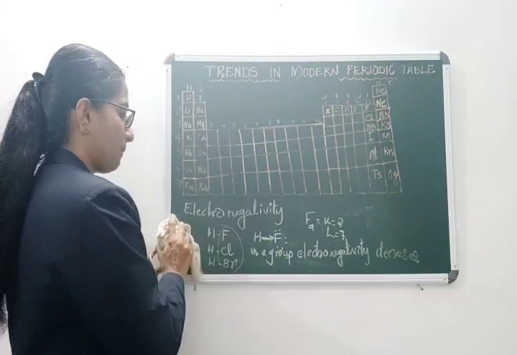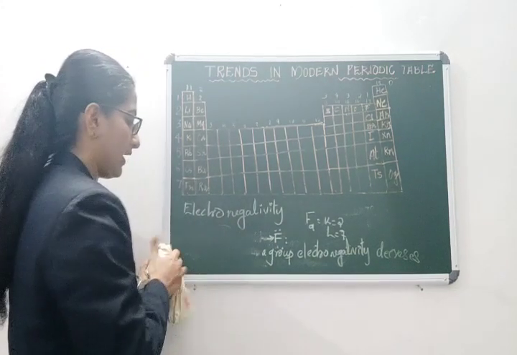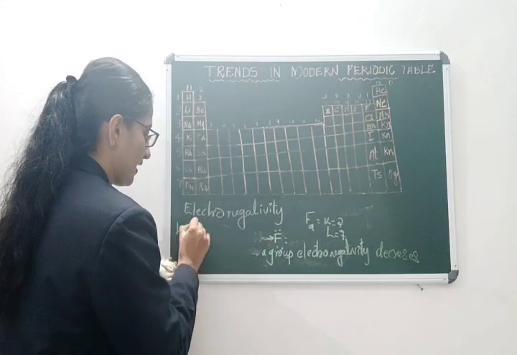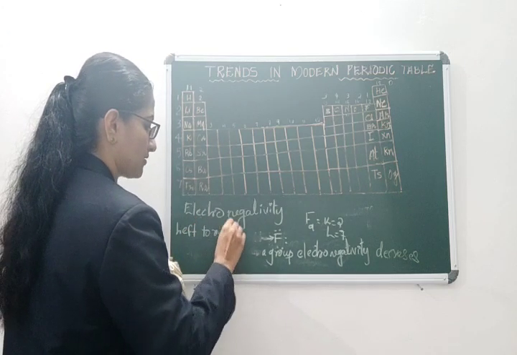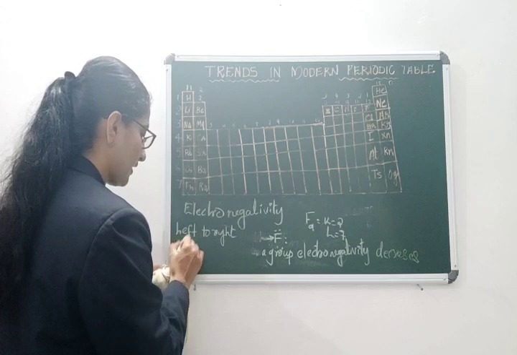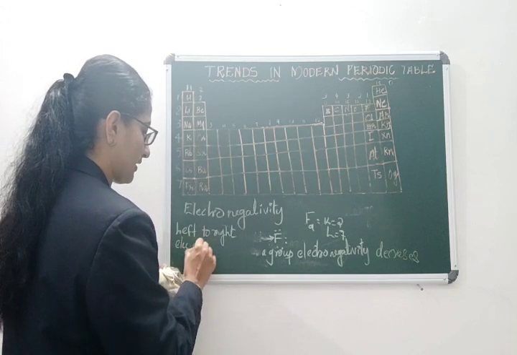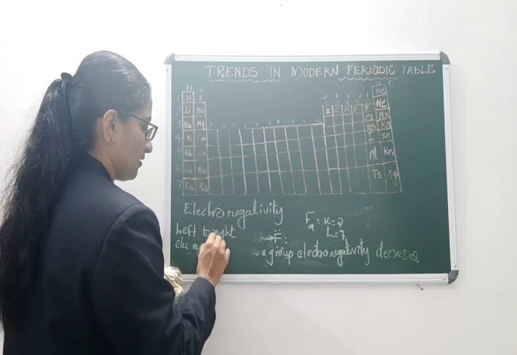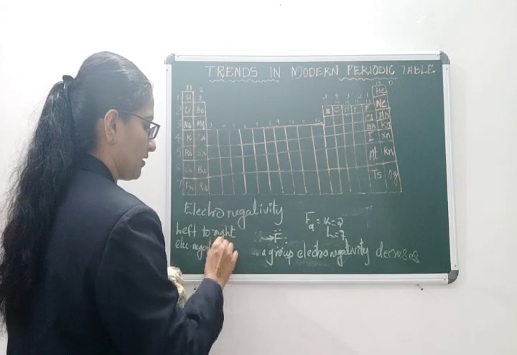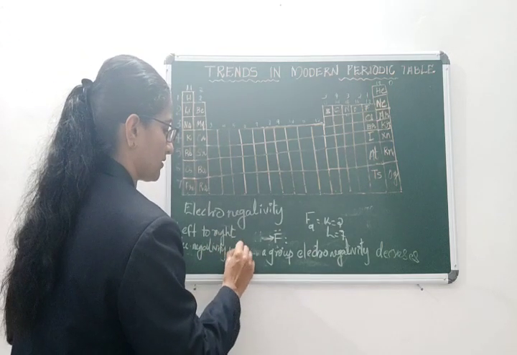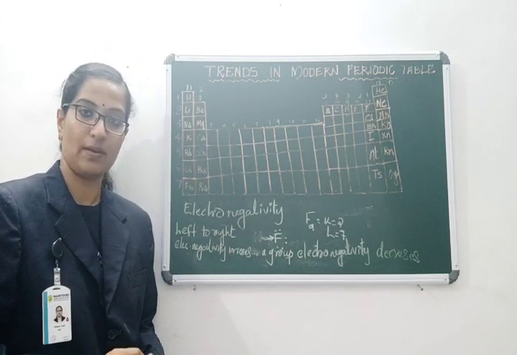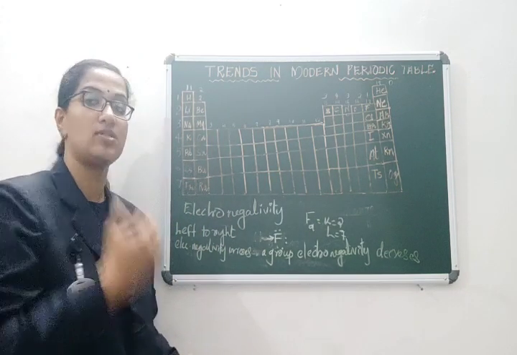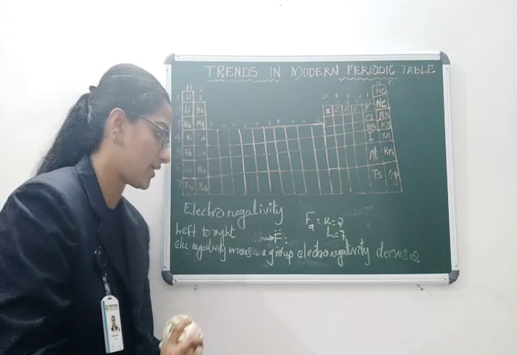But in a period, meaning left to right, what happens? Left to right, electronegativity increases. Electronegativity increases. Okay, these are the important trends in the modern periodic table.